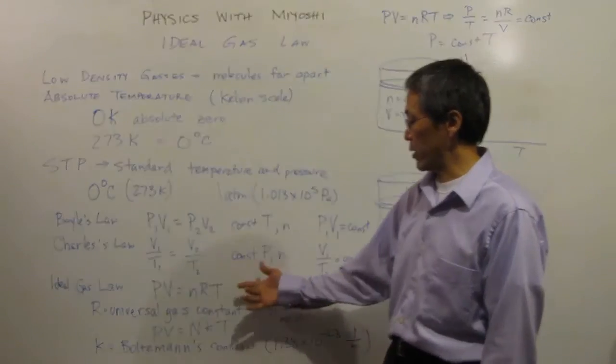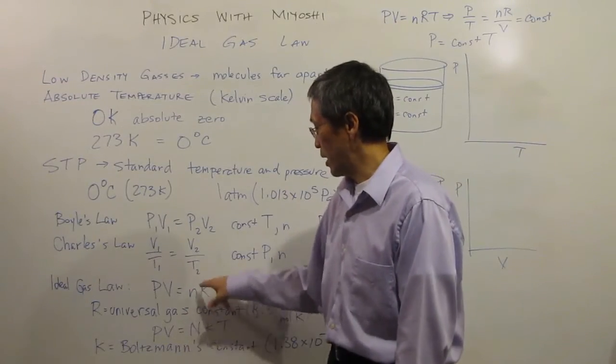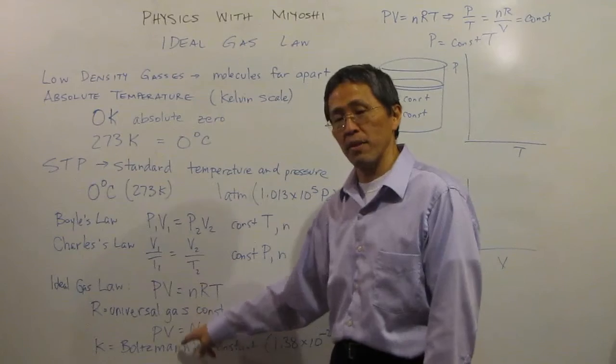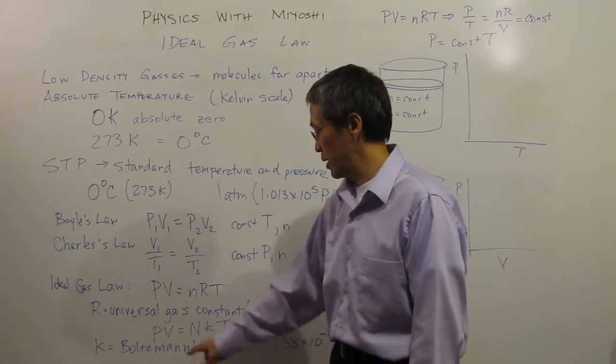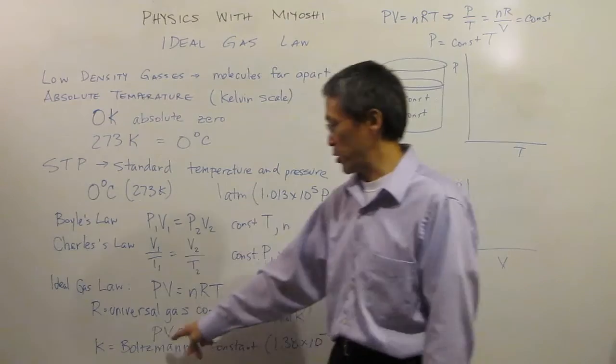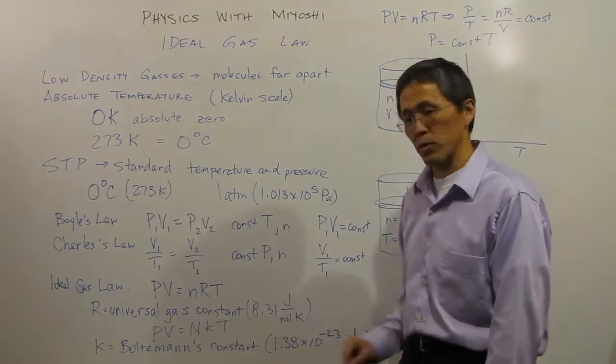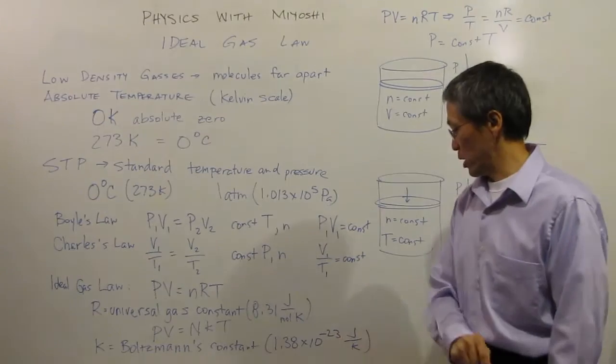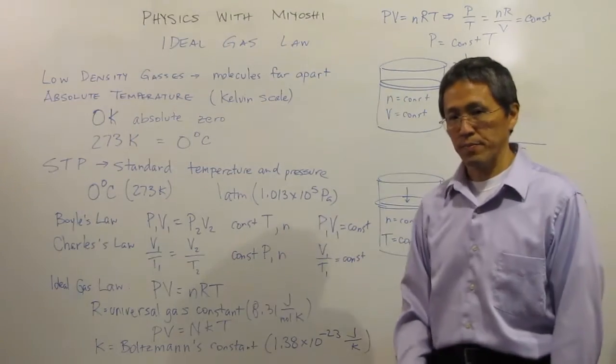You can also change this: if you already know the number of molecules, then you do PV is NkT, where k is Boltzmann's constant, which is 1.38 times 10 to the negative 23rd joules per Kelvin.